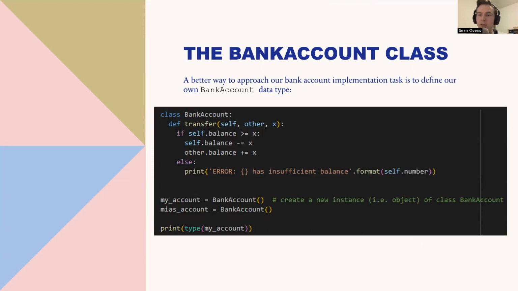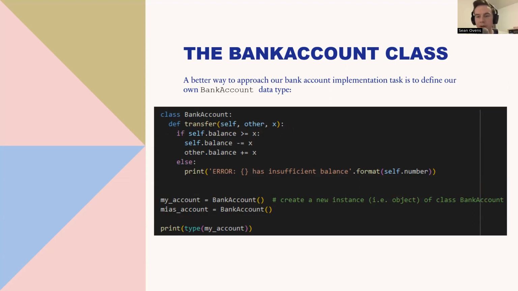A class is just a user-defined data type that groups a bunch of information, or attributes as they're called, and behaviors, or methods as they're called, together. So this class BankAccount that I defined here is actually my own custom data type. It will contain all of the account information, that is the owner name, the account number, and the balance, and it also contains this transfer function inside of it as well.